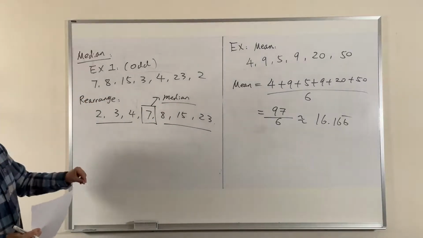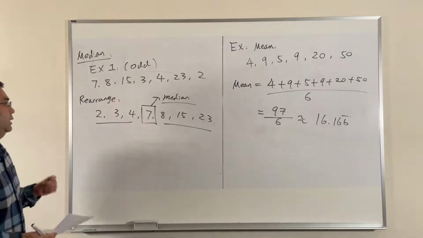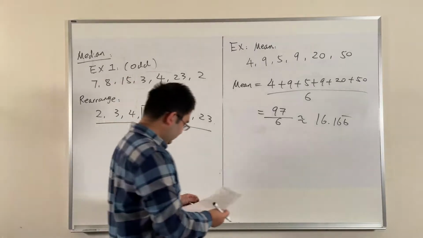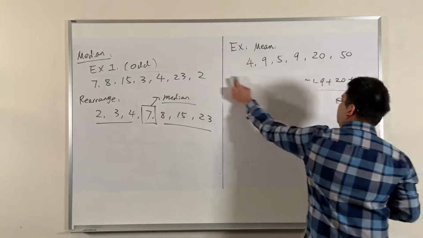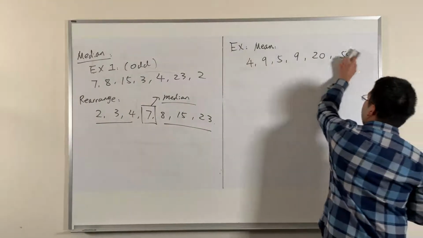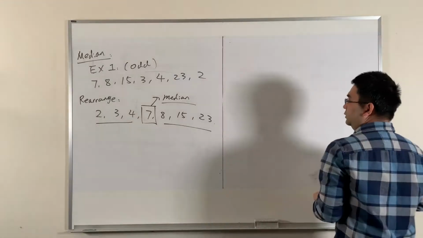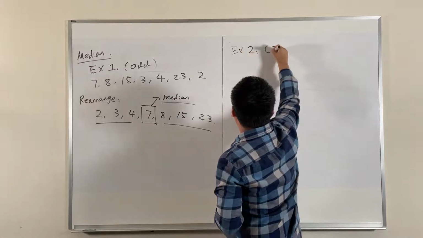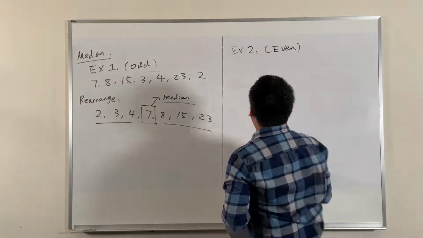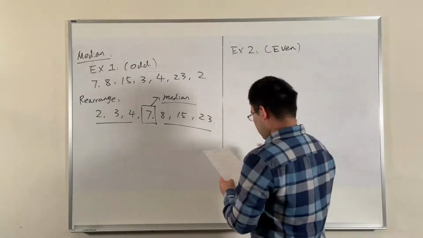Now we're going to do another example, when there's an even number of data points in your data set. Example 2, an even number of data points.